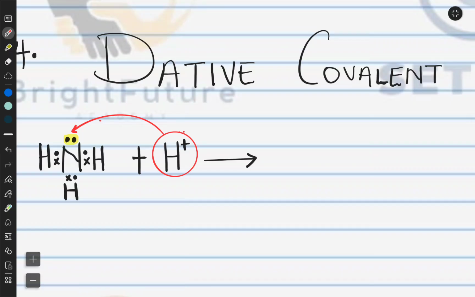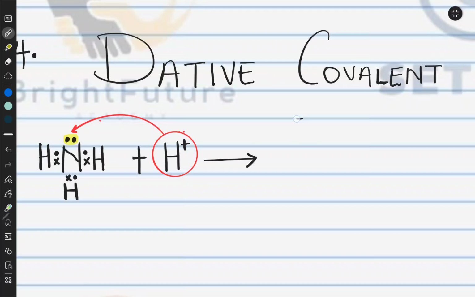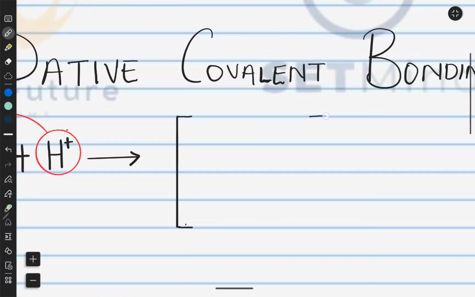First things first, we draw brackets. You don't leave these brackets out, because this now is a dative covalent bond.